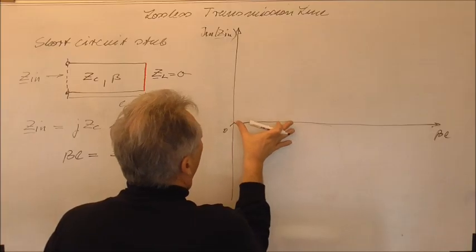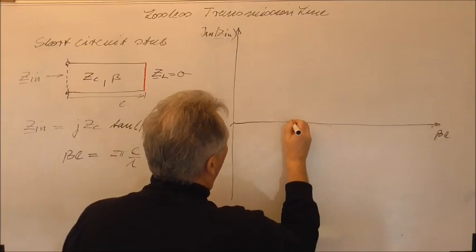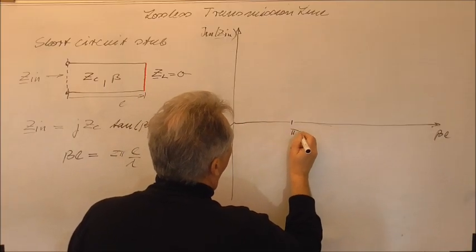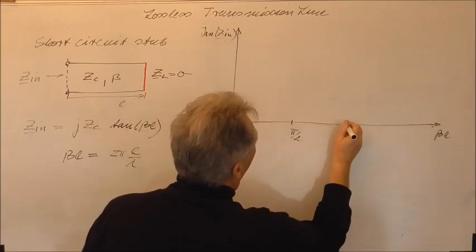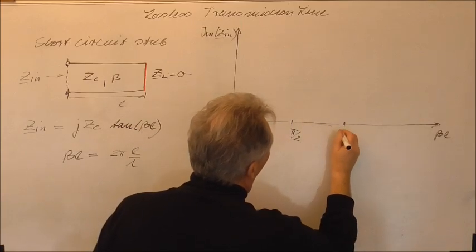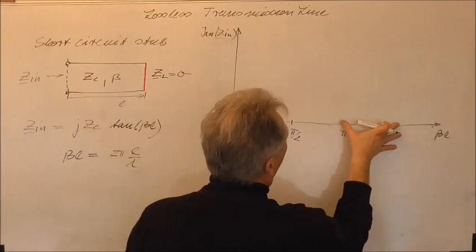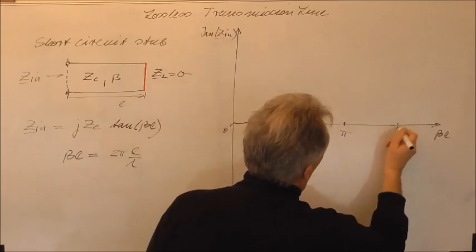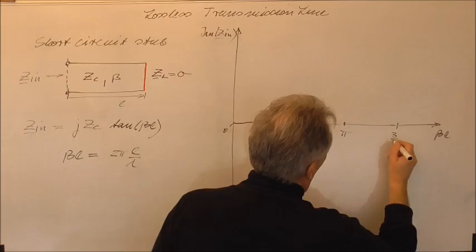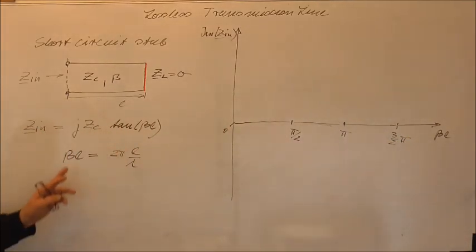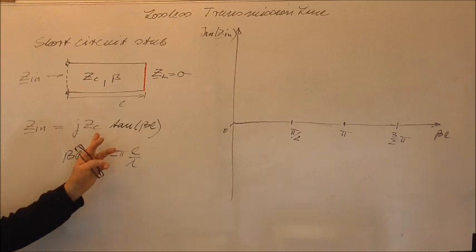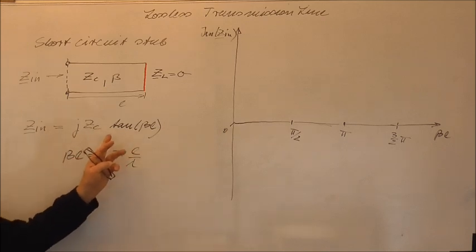So in the first step we can say here we have the angle π over 2. Then we will have here the angle π. And then we will have here the angle 3/2 of π.